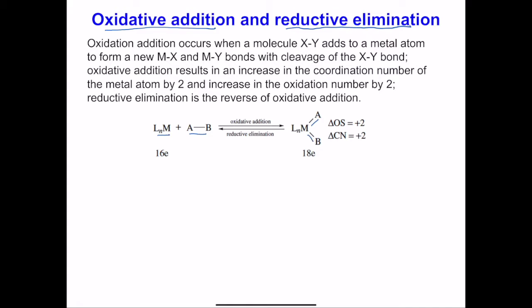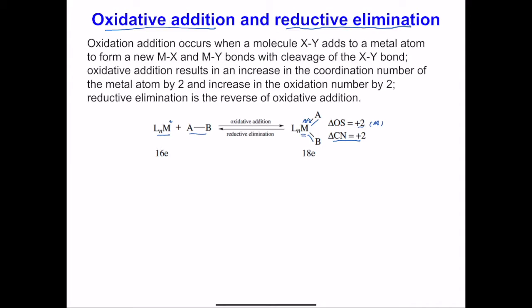Accompanying this reaction, we can observe two other major changes. One is the oxidation state change of the transition metal. If you have oxidation state N here, then after oxidative addition the oxidation state of the metal will increase by 2. At the same time, the coordination number will also increase by 2 for the transition metal.